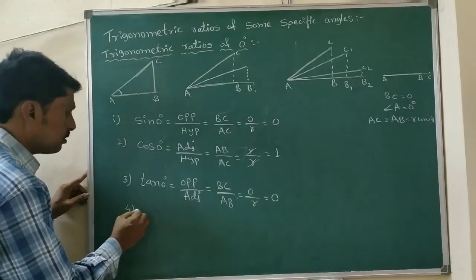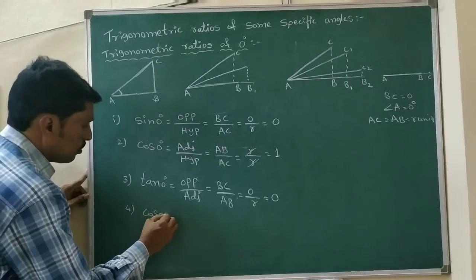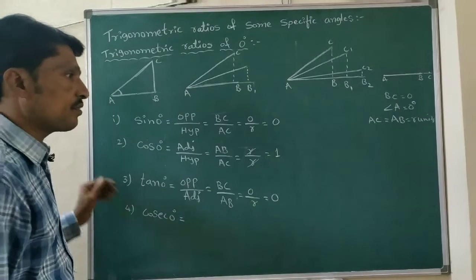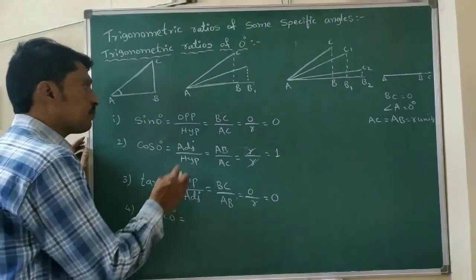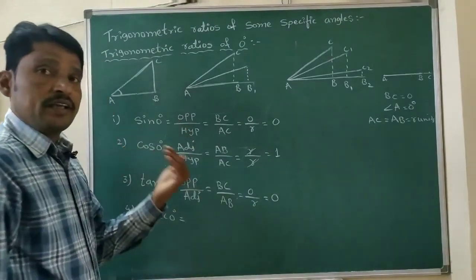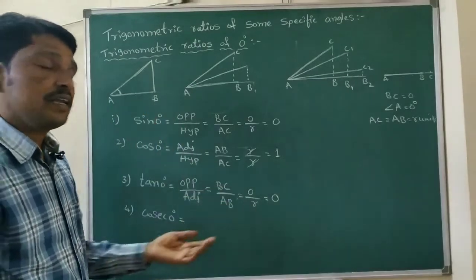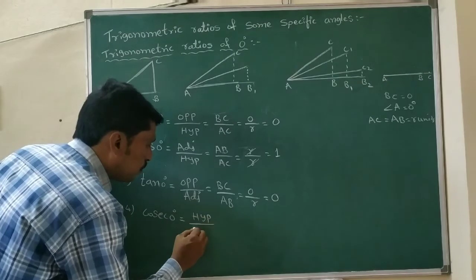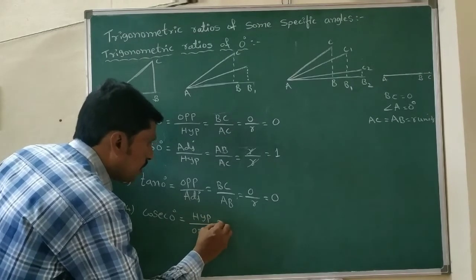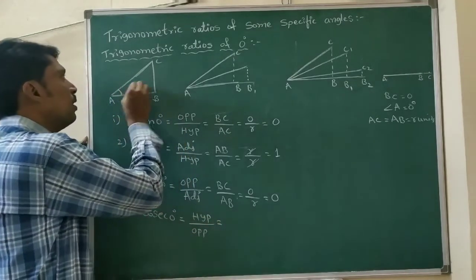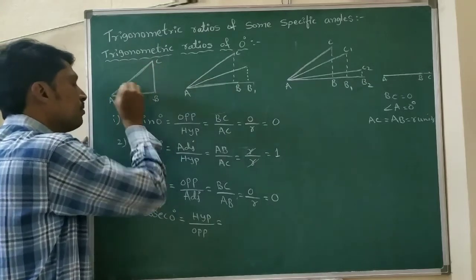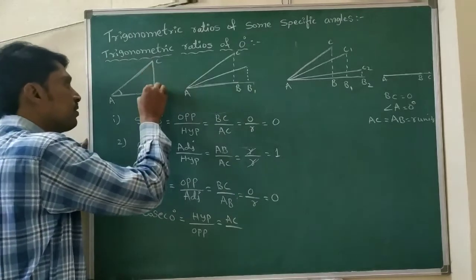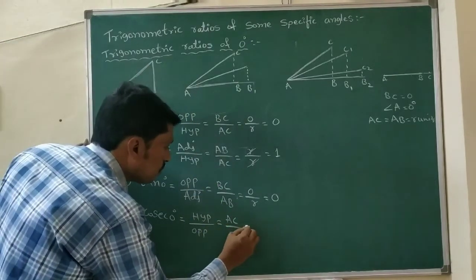Next, the fourth one, cosec 0 degrees. Cosec 0 degrees means hypotenuse by opposite side to angle 0. What is the hypotenuse? AC, by opposite BC.